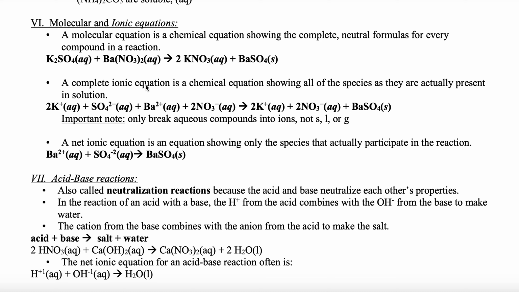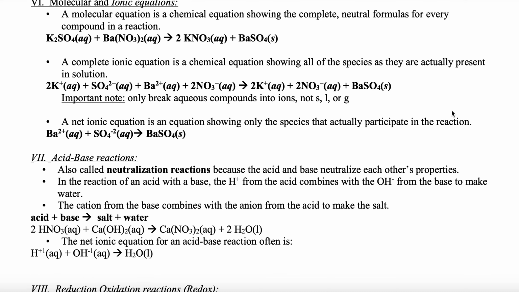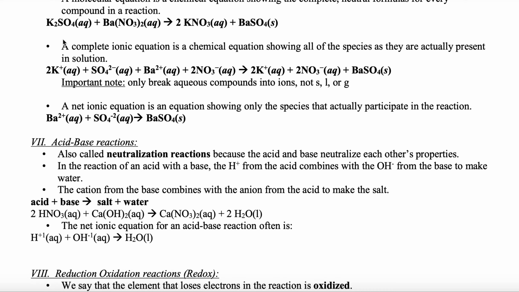There are also 2 other equations known as ionic equations. When you break all the compounds into ions, except the solid one, because they're solid, you get all the ions, and then you cancel out. Now, see the note right here? Only break aqueous compounds into ions, not solid, liquid, or gas.